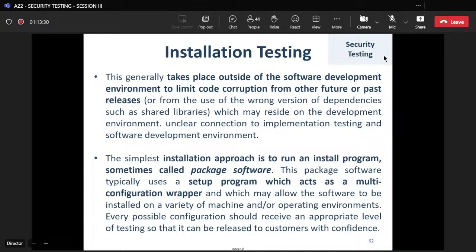It will validate before installation. Once the basic requirements are met on that particular host, the program will be allowed to install completely. Those types of testing are completed in installation testing.